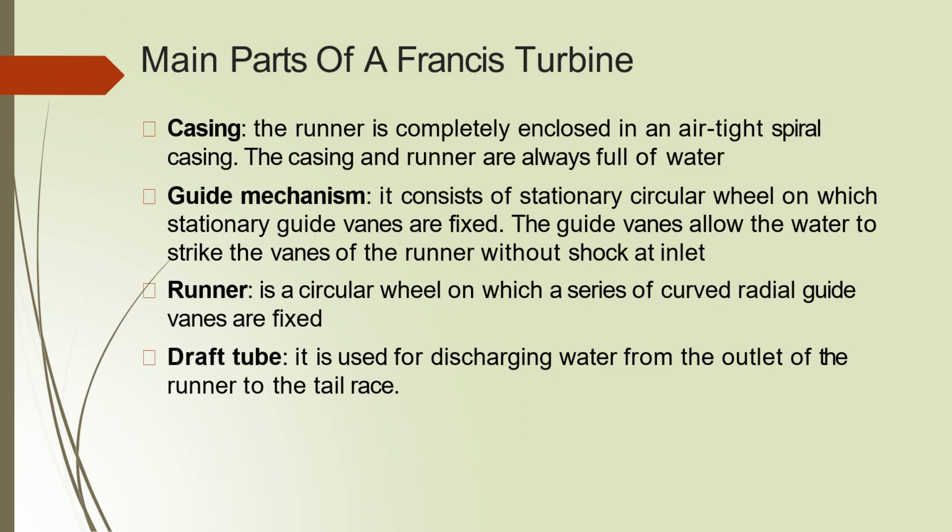The third part is the runner, which is a circular wheel on which a series of curved radial vanes are fixed. And the fourth part is the draft tube. It is used for discharging water from the outlet of the runner to the tail race. We will discuss the types of draft tube in detail afterwards.